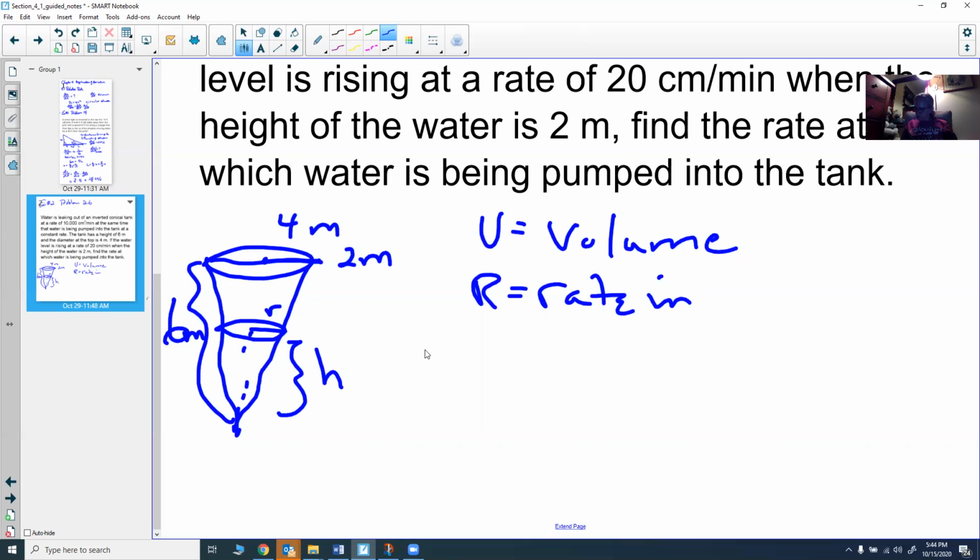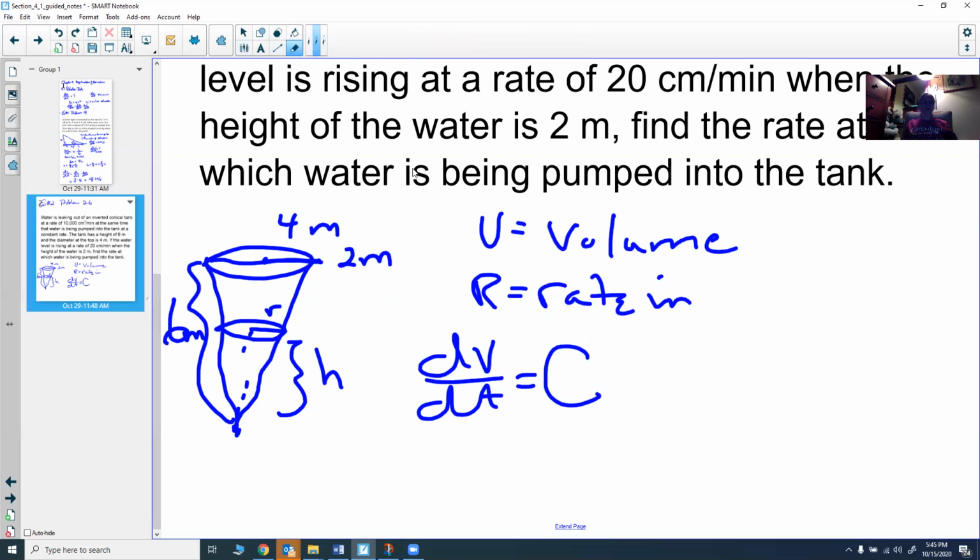All right. So the water is also coming out. So we do have that problem, the change in the volume over time is going to equal the rate in, which we call R, sorry, I called it R, not C, minus that rate out.